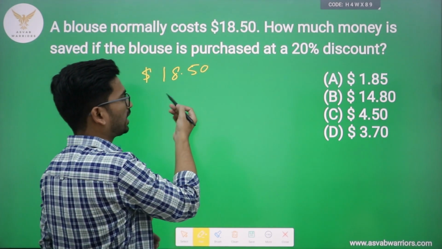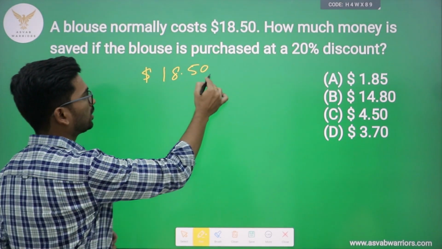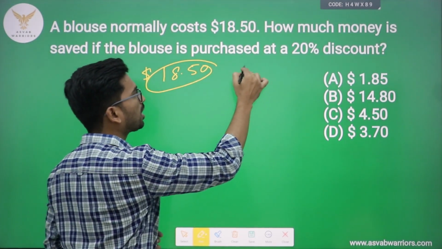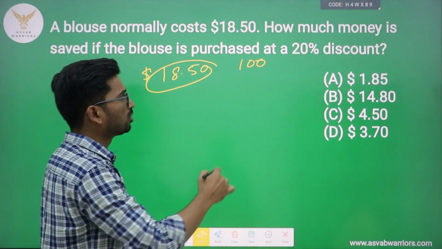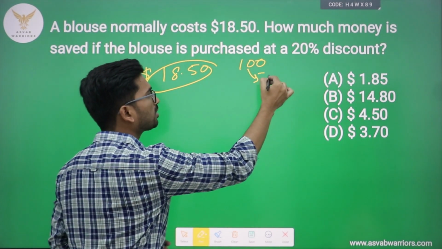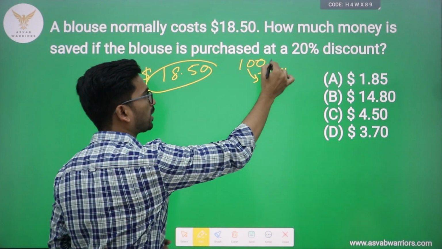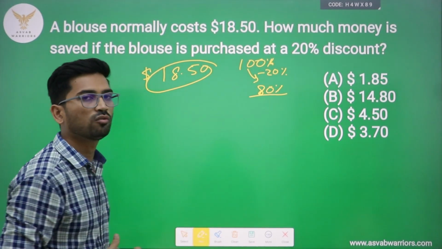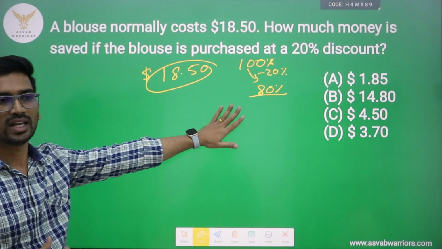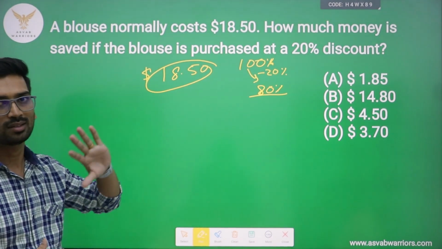So again, like in the previous question we have seen, if this price is considered to be 100% and we are getting 20% discount, so what will be the new price? 100% minus 20%, it will be 80%. So we will be getting this blouse at 80% of the original price only.